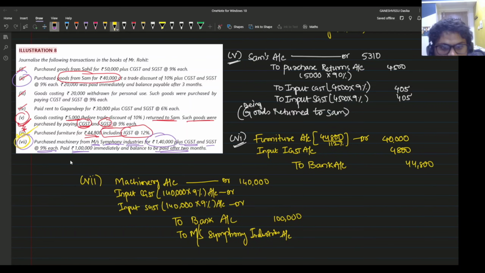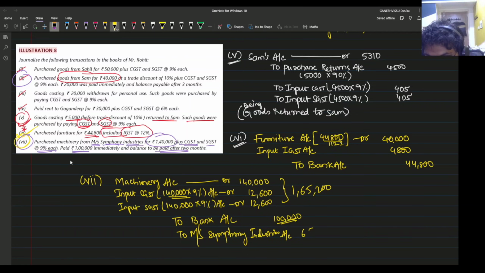Account, right? What amount of GST are we required to calculate? Simply 1,40,000 at 9%, which would be 12,600. Same 12,600 into 2 plus 1,40,000. The total amount is 1,65,200, out of which he is already paying this 1 lakh.